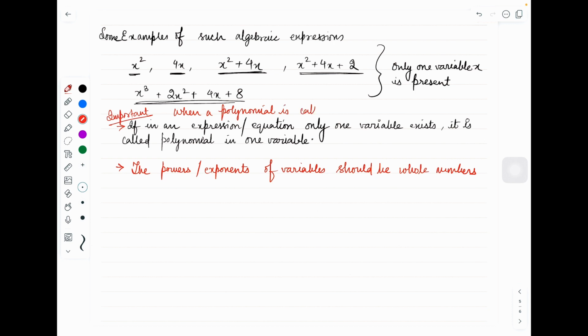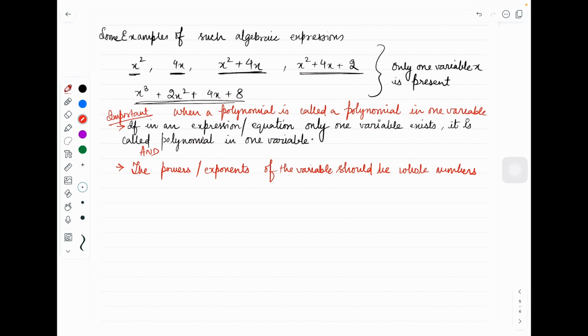If in an expression only one variable exists, it is called a polynomial in one variable, and the powers or exponents of the variable should be whole numbers. Both should be satisfied.